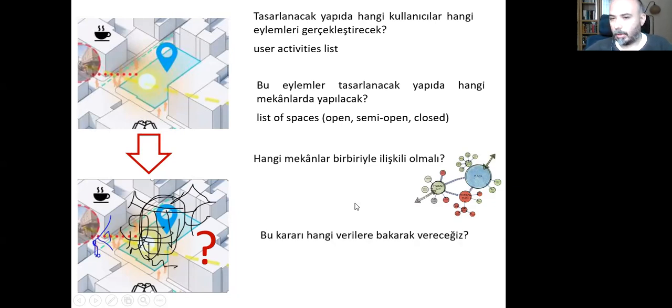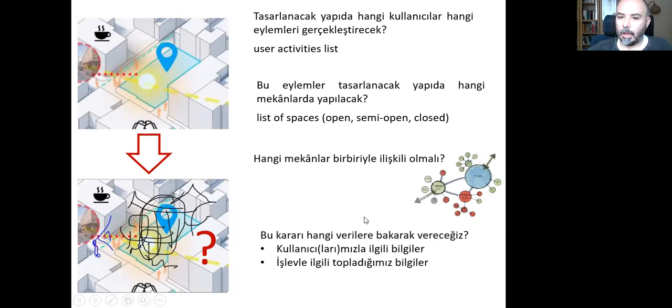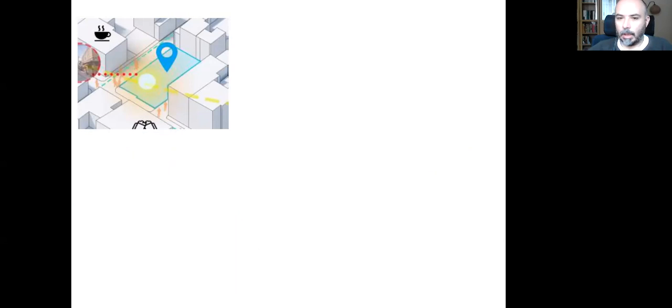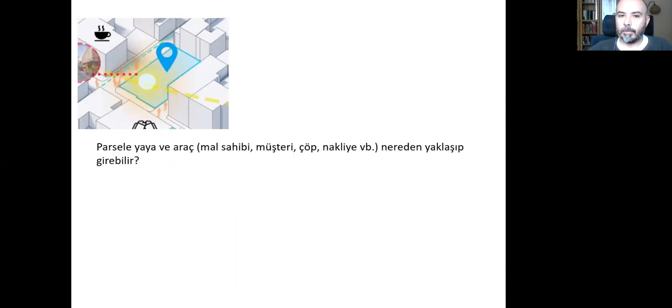And how can we make these decisions? We can use the data that we collected about our user, and the examples that we found about the function. Once we have decided the list of spaces and the user activities, we can concentrate on how to approach our plot area.